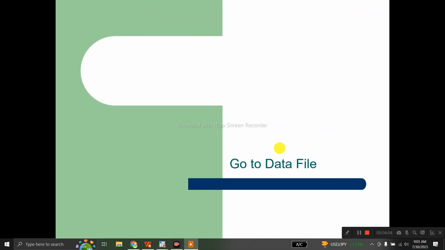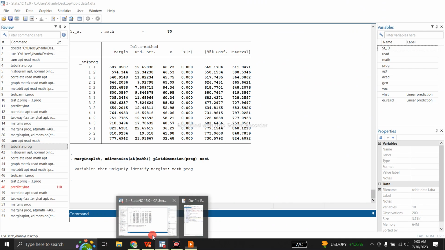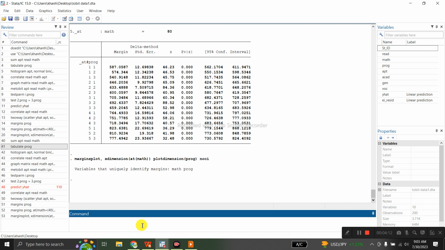In order to run, estimate and interpret the results, I will open the data file. Here is my data file, and this data file is known as Tobit data. Since I am using three continuous variables and one categorical independent variable, I will first give summary statistics of apt, read, math and prog.